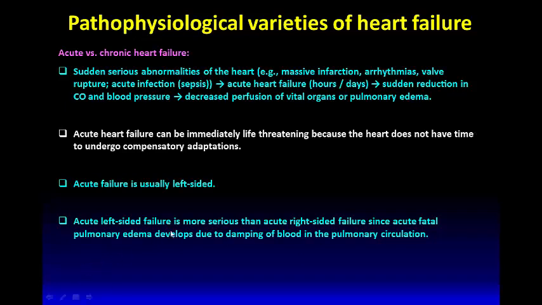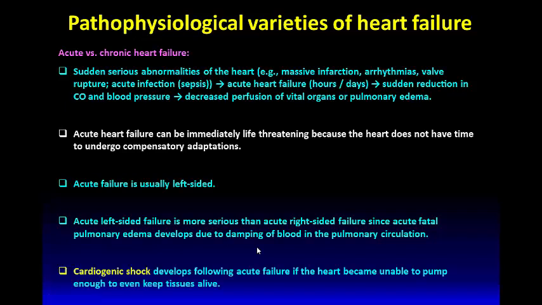Acute left-sided failure is obviously more serious than acute right-sided failure, since acute fatal pulmonary edema develops in acute left-sided failure as a result of building up and damming of the blood in the pulmonary circulation.